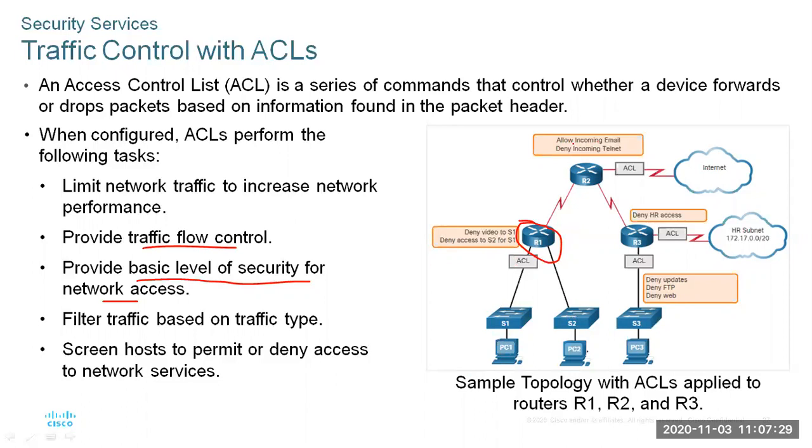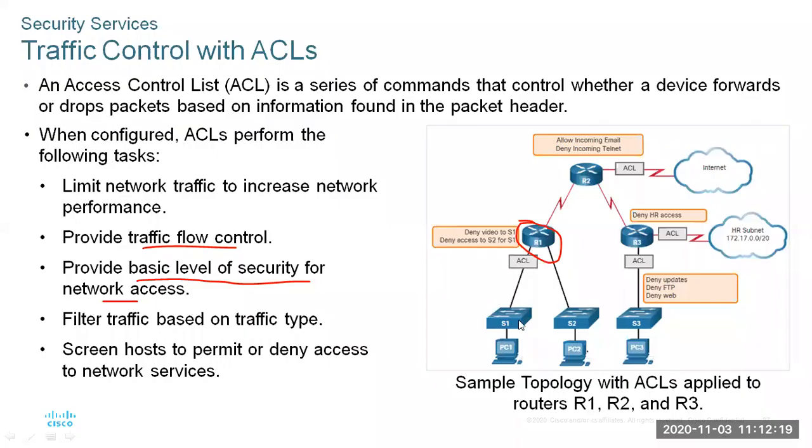Here they say allow incoming email and deny incoming telnet. The point we are trying to explain is that access list controls are added to routers to control traffic either coming into the router or going out.